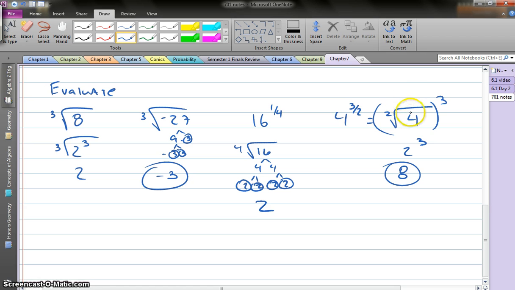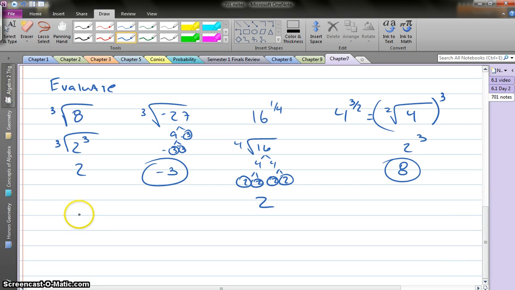So what I did is I wrote it in radical form. Even if you wrote it the other way, you would multiply that out and then break it down. But if you rewrite it in our other form, it makes it a little easier. You know the square root of 4 is 2, 2 to the 3rd is 8. So there's not always a set-in-stone procedure to solve these. There's different ways. So let's look at one more.